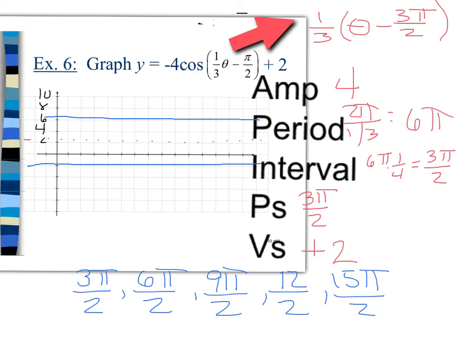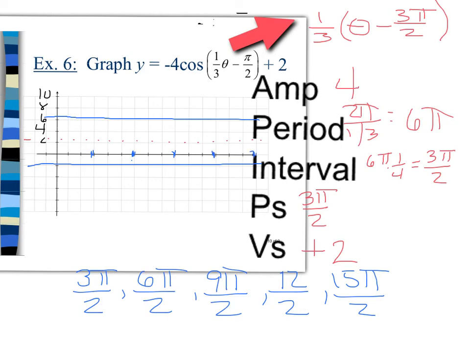So I counted the tick marks out on the x-axis, and there's 15 of them, which is helpful. So I'm going to just mark them, so I have 3 pi over 2 right there, then every 3, 1, 2, 3, and then I'm going to end here, okay?